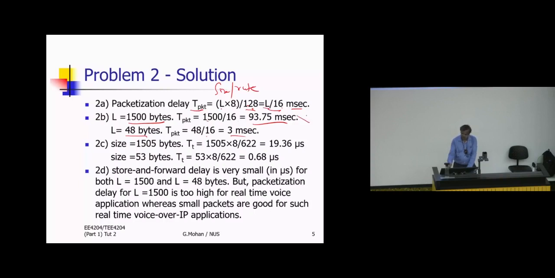So 1500 is obviously not desirable because it should happen in real time. Of course, we can still implement it, but we need mechanisms at the receiver side, such as an adequate buffer, to handle the jitter and other things.